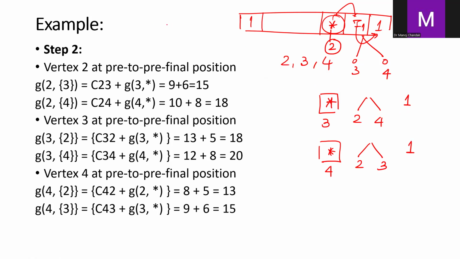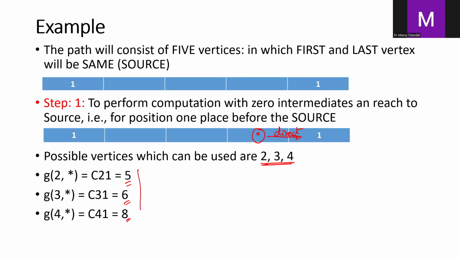So if I try to make it more proper, and if I write again, this is 1, this 1, and I don't know what I should write here, but if I am writing 2 here, then I cannot write 2 because vertex cannot be repeated. So if I'm writing 2, the possible options to write at this point is either 3 or 4. So look at what we have done here.